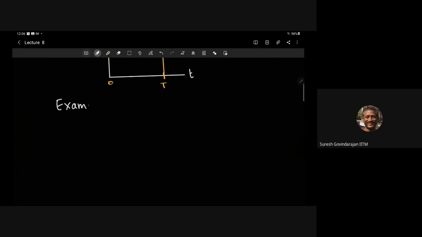So we want to look at examples. The first example: let t naught be any time in the interval 0 to T, which doesn't include the endpoints. Then I'll define the function and consider the functional.